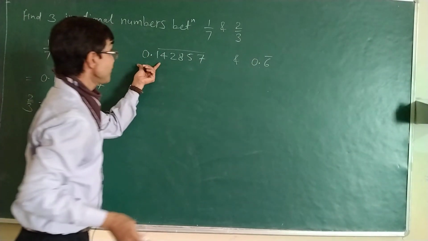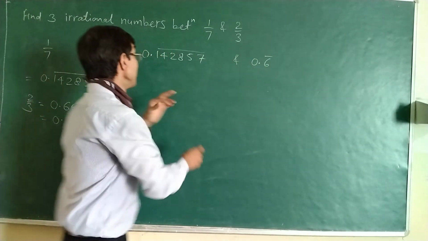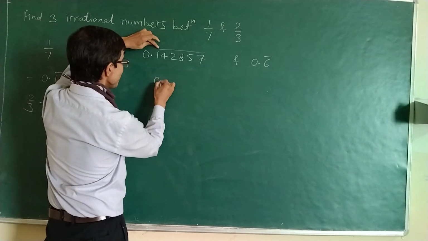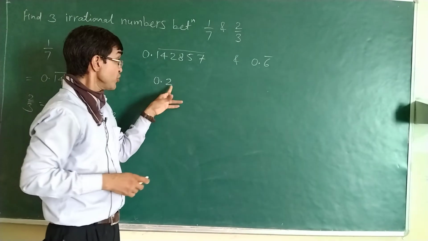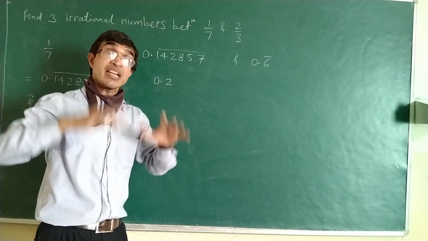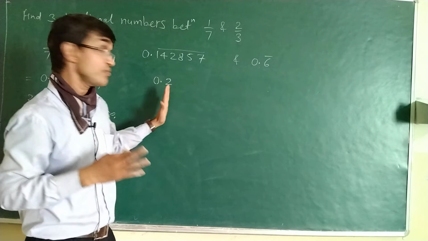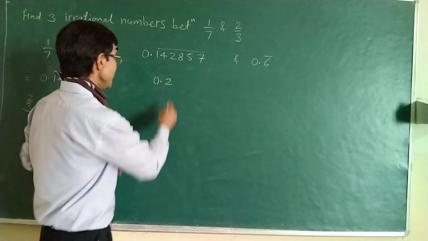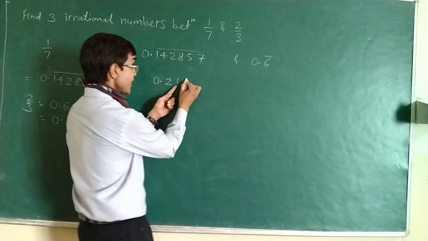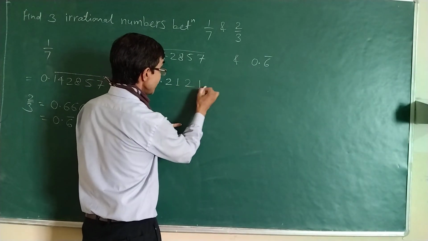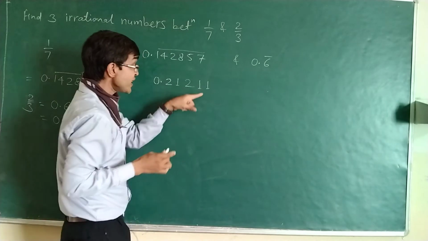Here between 0.1 and 0.6 we can take 0.2, but it is terminating. We have to make it non-terminating and non-recurring, because we have to find an irrational number. So here, if you take 2 1, I can take this again 2 and 2 times 1. Why am I taking 2 times 1?